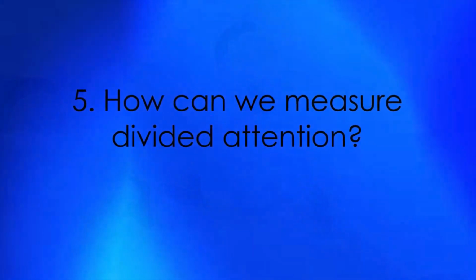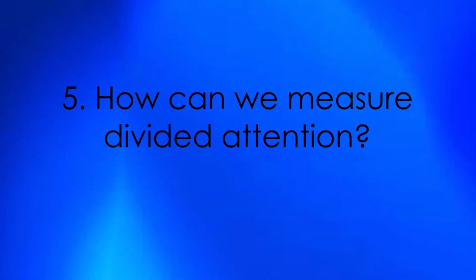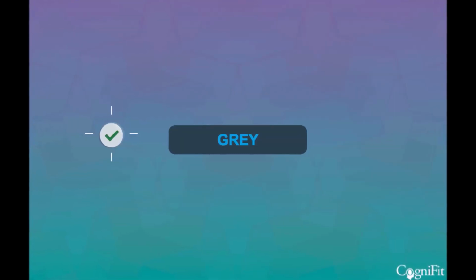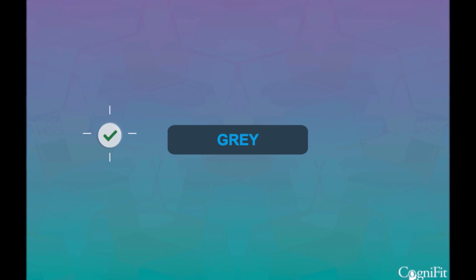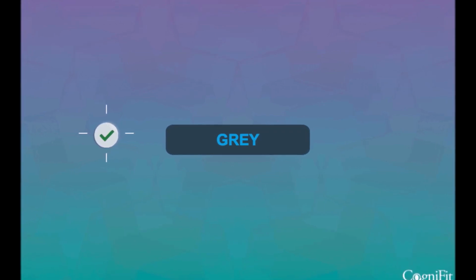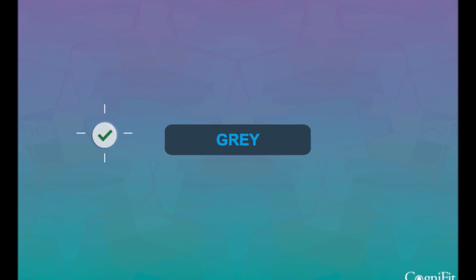5. How can we measure divided attention? We can measure someone's divided attention by letting her or him take the simultaneity test, Diet Chef. In this test, the user has to follow a ball with her or his pointer and be aware of the words which appear in the middle of the screen.